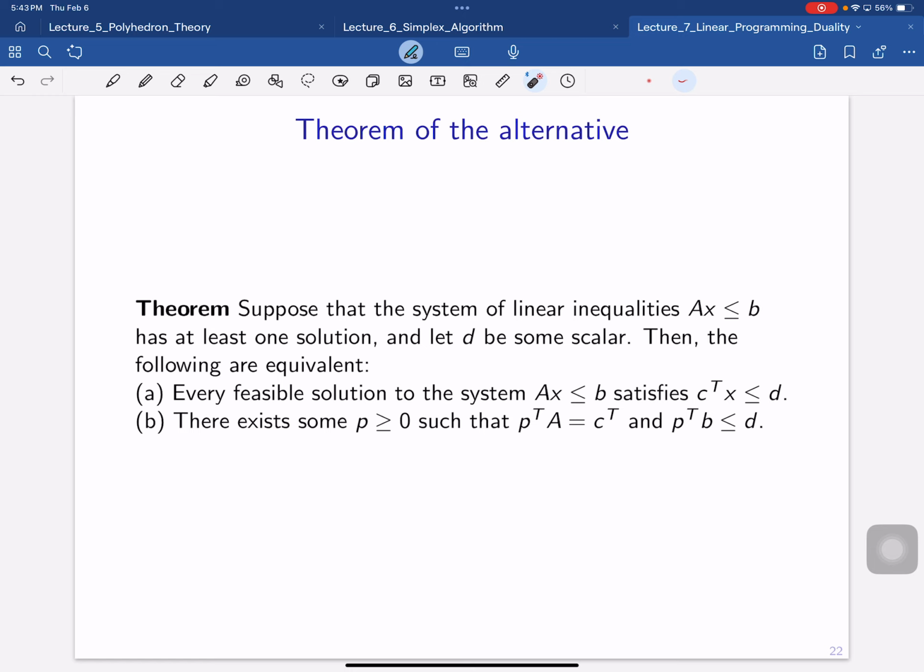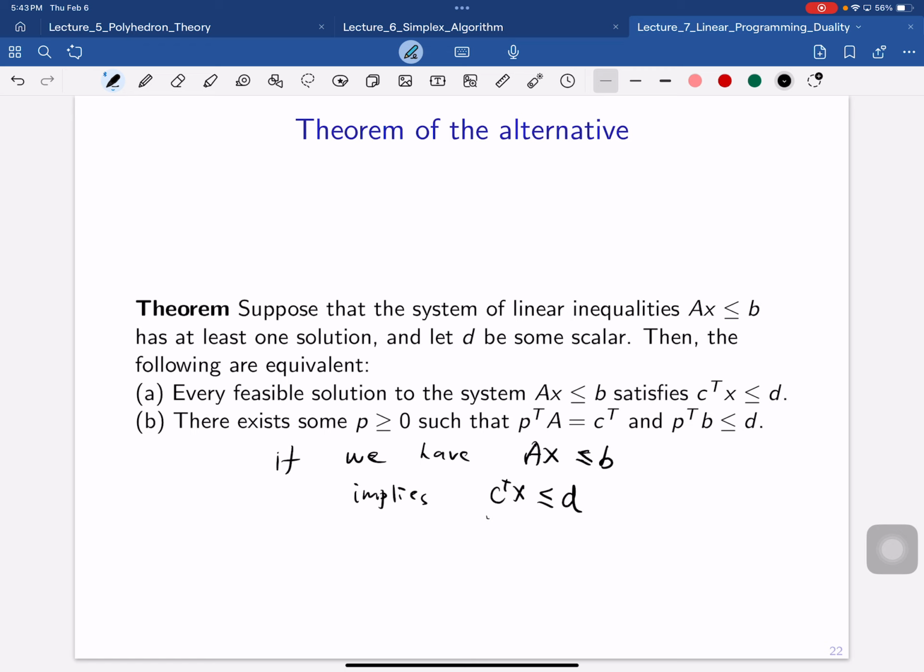So when will you use this theorem? You will use it when you try to show that if we have Ax less than or equal to b, this system of inequalities implies another inequality, c transpose x less than or equal to d.